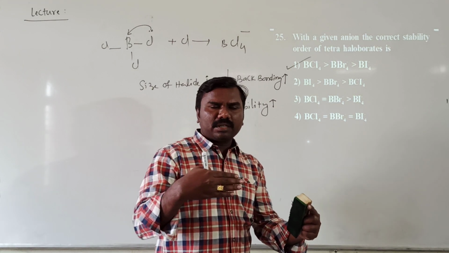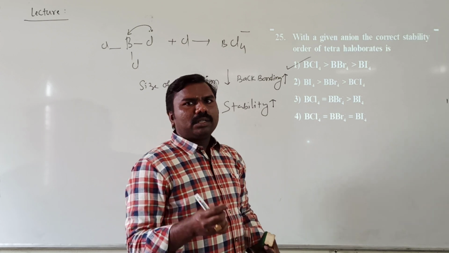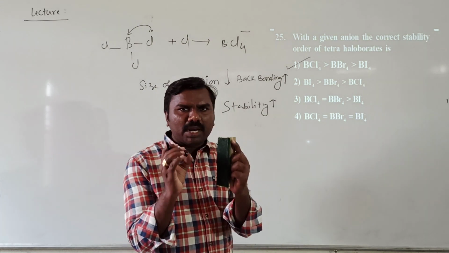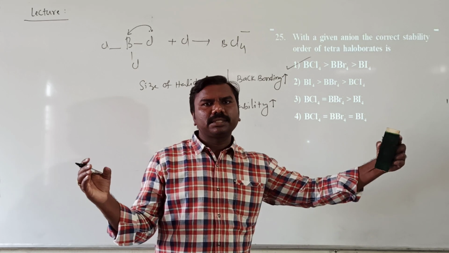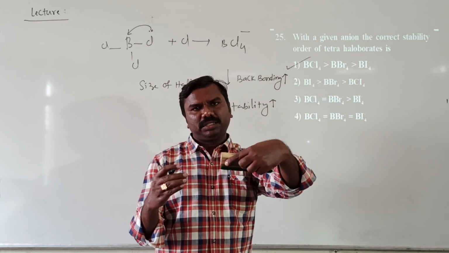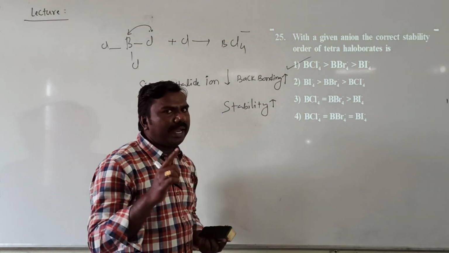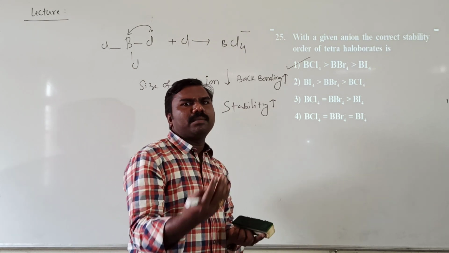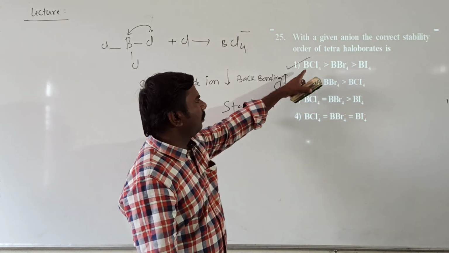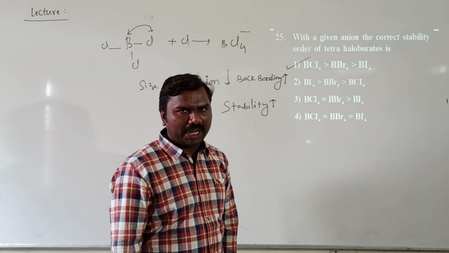Already one bond is there, and with one more back bond, obviously bond strength will increase. Back bonding is greater in smaller atoms. When the size of the halide ion, bromine, iodine, increases, back bonding is difficult, so stability will be less. With smaller halide ions, back bonding is more and stability also more. So BCl4 minus, BBr4 minus, BI4 minus, because of back bonding.